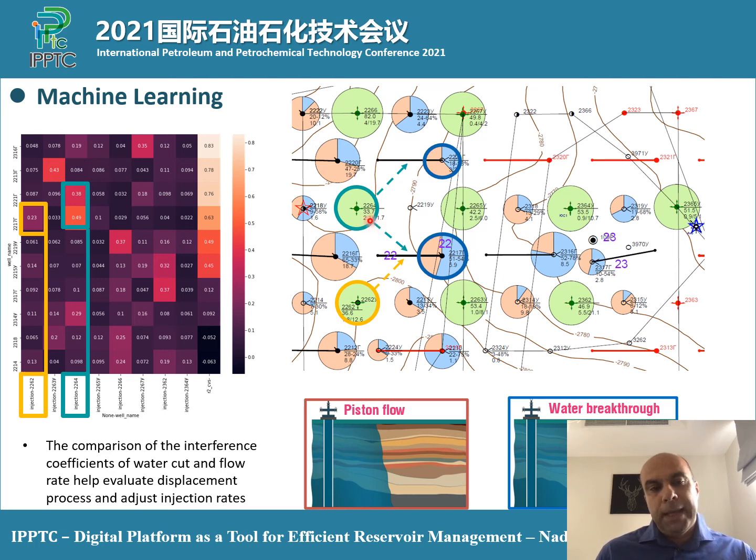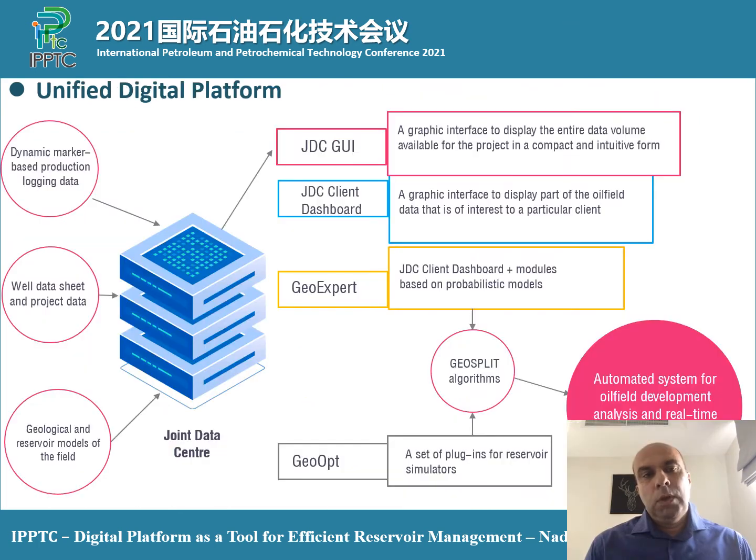However, when we look at the water injection profile through the coefficients obtained, we realize that more water flows through this path, allowing better hydrocarbon production in comparison to this streamline or path, which immediately can give us an insight to maybe alter the injection and ensure that the water cut here is reduced and hydrocarbon recovery is optimized.